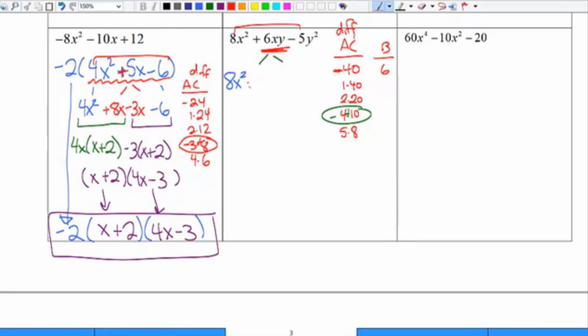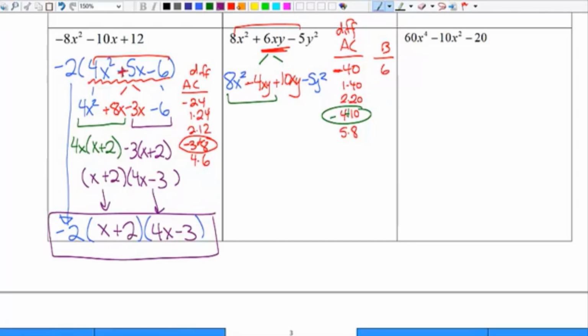What you should write is -4 with both x and y, because when you break them up, they have to be like terms, plus 10, again, xy, minus 5y squared. So you have to put the xy on both of them. So if I combine the two red terms, they truly would add up to 6xy.